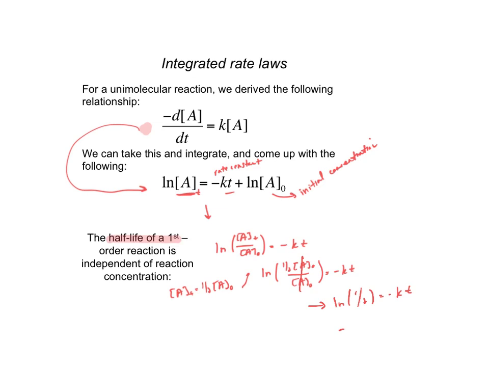This is just a number. It's minus 0.693 is equal to minus kt. And so when we solve for t, we'll find that the half-life is equal to 0.693 over k.